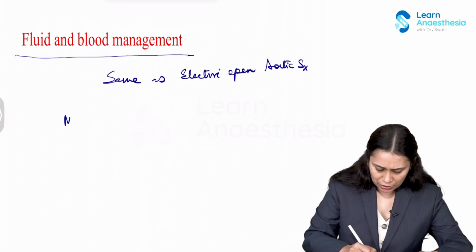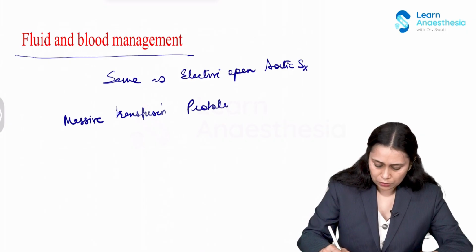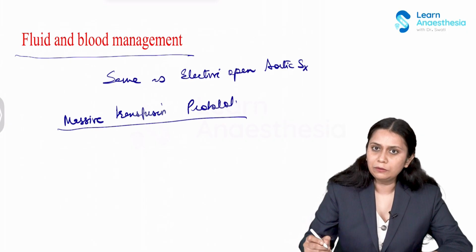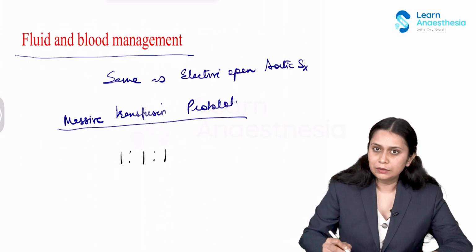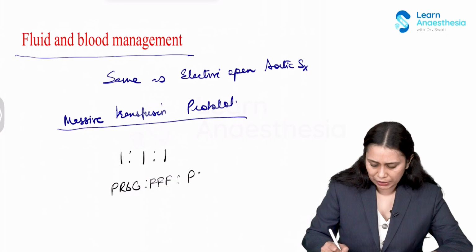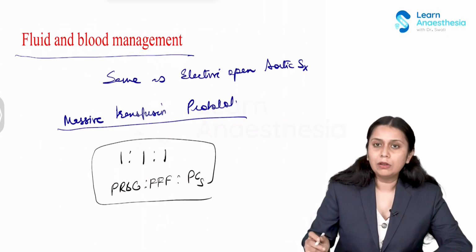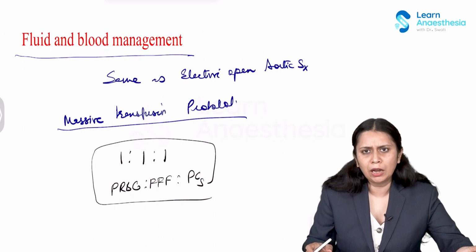So the massive transfusion protocol should be followed, right? For the massive transfusion protocol in these patients we follow 1:1:1. That is, for 1 PRBC, we give 1 FFP and 1 platelet concentrate, right? So the blood management is mostly the same as open aortic surgery.